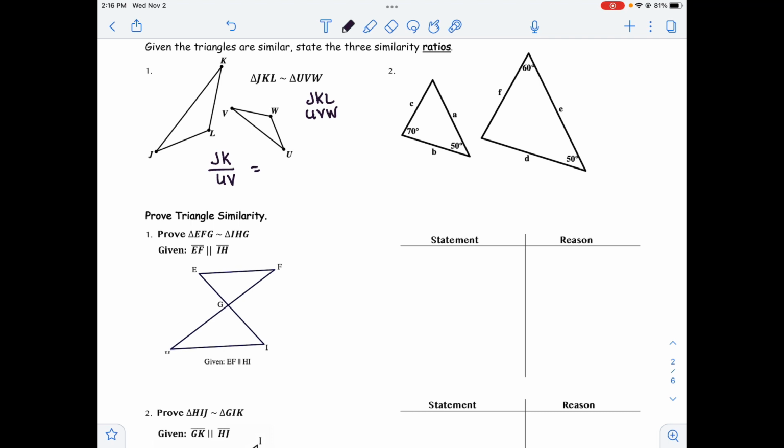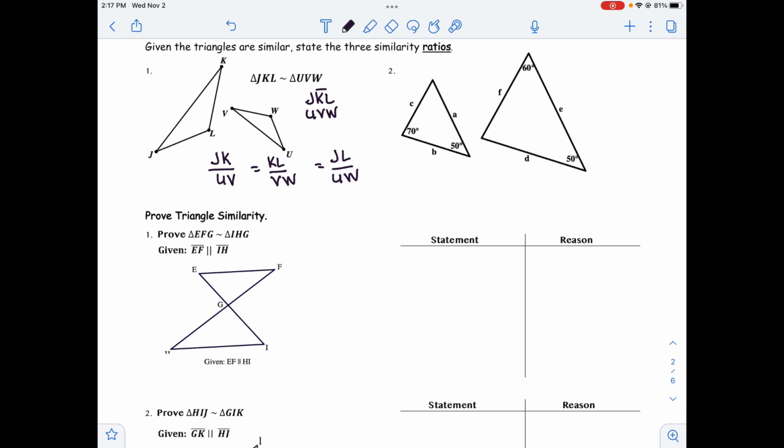I also can look at KL, the next little section there, and what it's stacked on is VW. And I need to have one more piece, so I look at the very first one, and I can do LJ over WU, and that's fine. Or I can do JL, because it hasn't been put with L yet, over UW. So order matters when you're writing these.